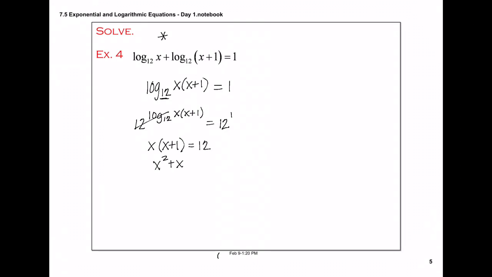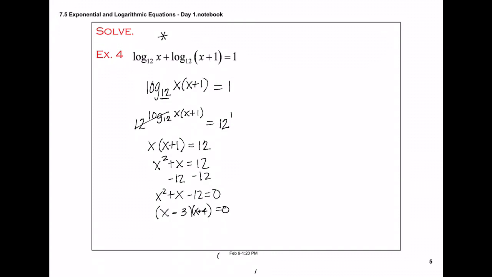X squared plus x equals 12. Inverse of addition is subtraction. X squared plus x minus 12 equals 0. Factor. I know 4 times 3 equals 12. I need a positive x, so I'm going to have my 3 negative, my 4 positive.